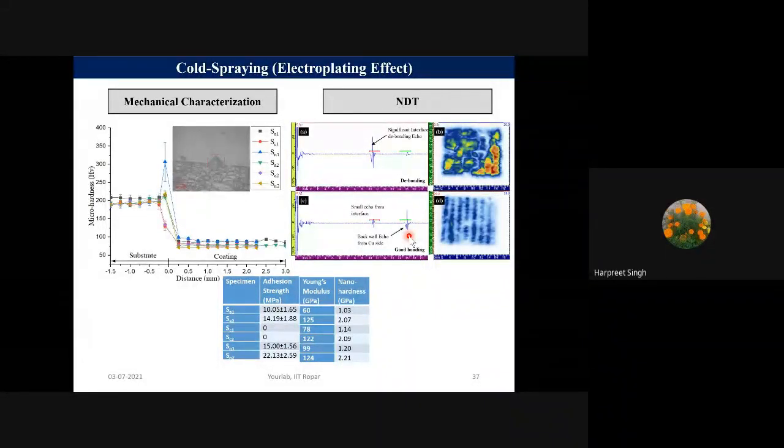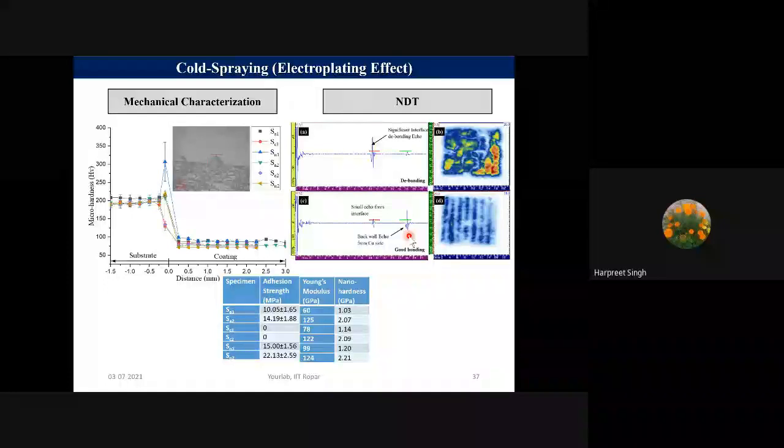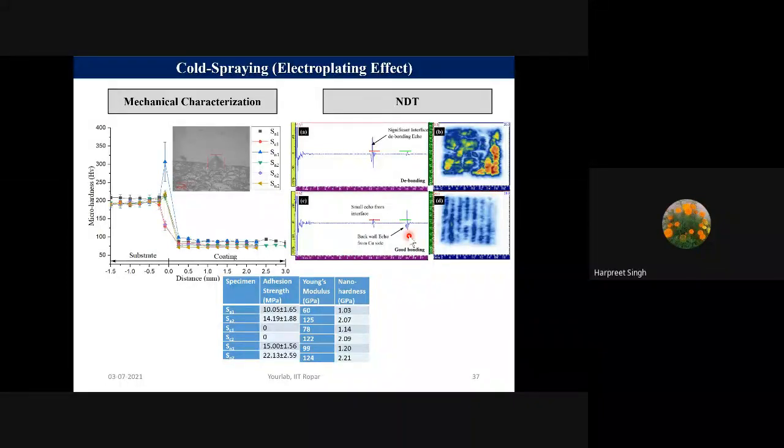Because the next question was why it is happening that with this copper we could not get better adhesion, whereas with nickel we could achieve very nice adhesion. You can see there is no significant peak, and red shows some kind of loose bond here in these scans. So here there's nothing, and we could achieve very nice properties.